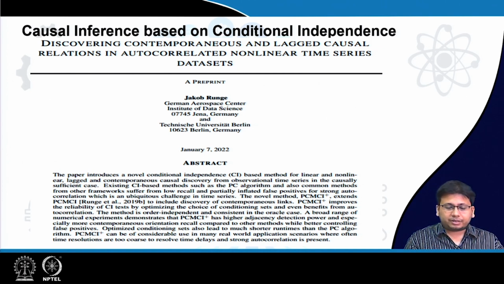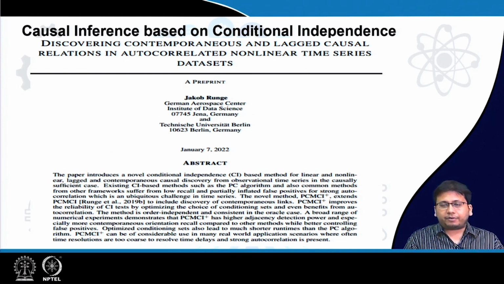Existing CI based methods such as the PC algorithm and also common methods from other frameworks like Granger causality suffer from low recall and partially inflated false positives for strong autocorrelation, which is an ubiquitous challenge in time series.